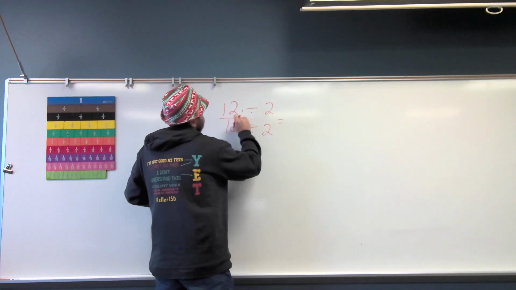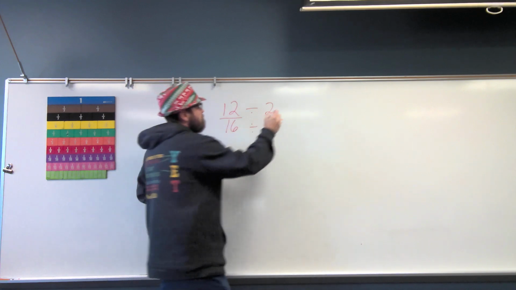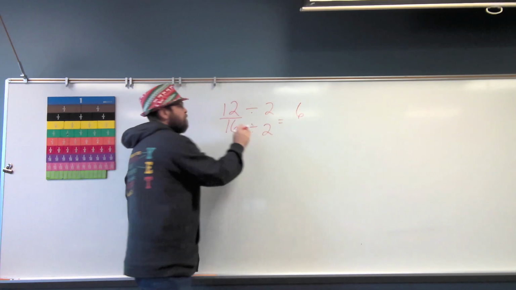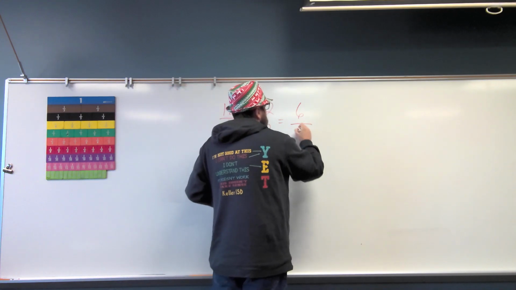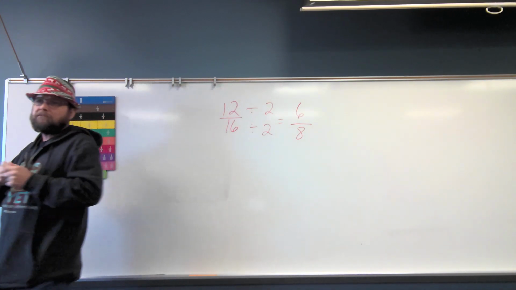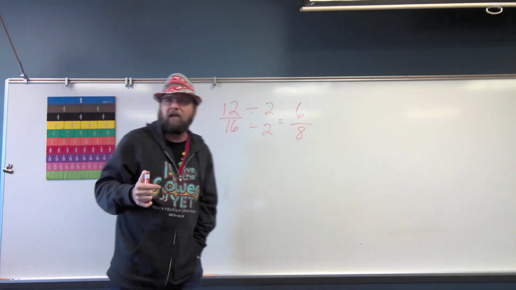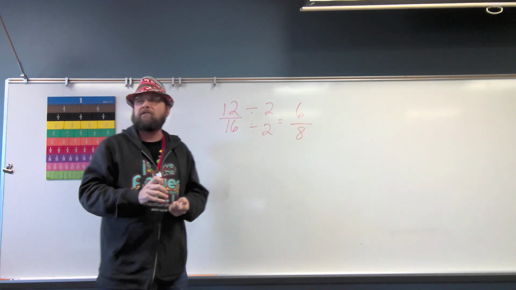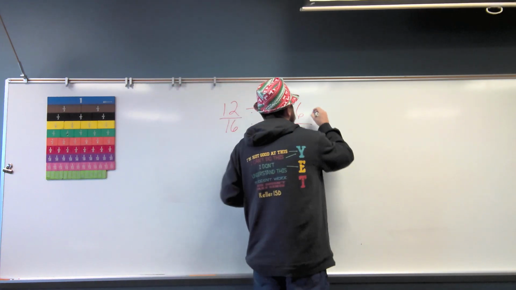So we have 12 divided by 2 is 6, and 16 divided by 2 is 8. Then we ask ourselves, is there anything that can divide evenly into both 6 and 8? Yes, it would be 2, because 2 is an even number.